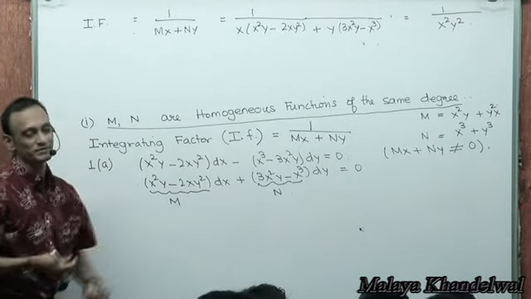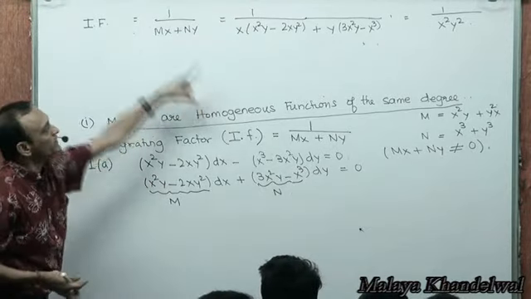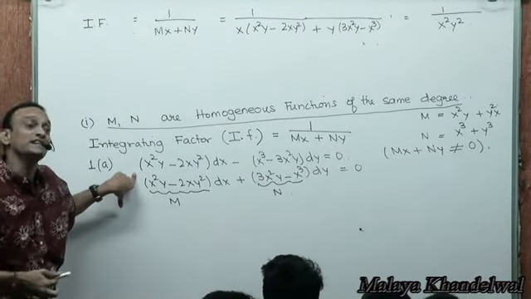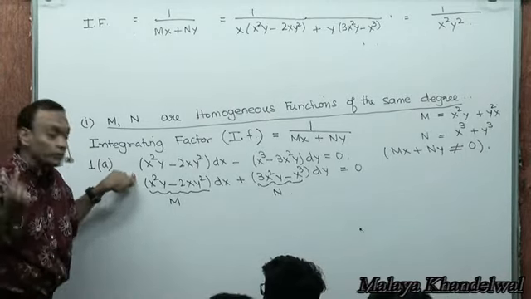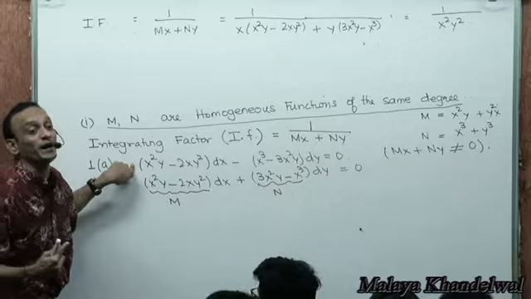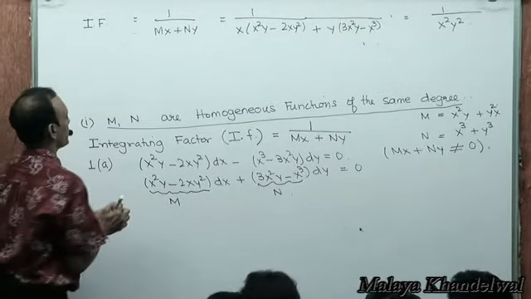Now let's see what happens when I multiply the whole thing with 1 by x squared y squared. Let's see what transpires in this differential equation. So I'm going to take this differential equation and divide by x squared y squared.